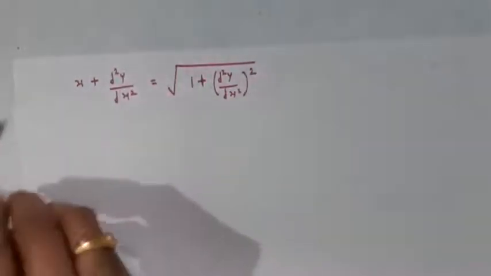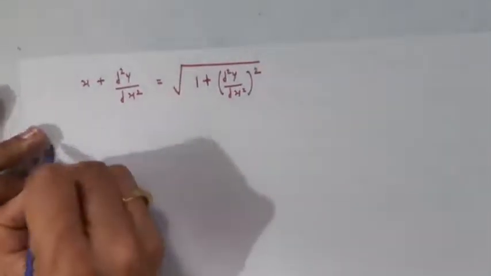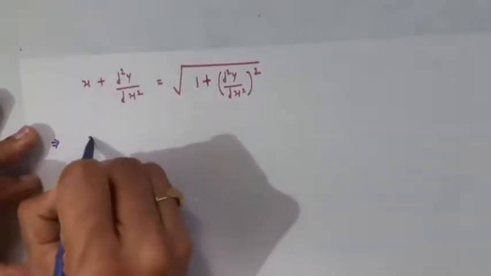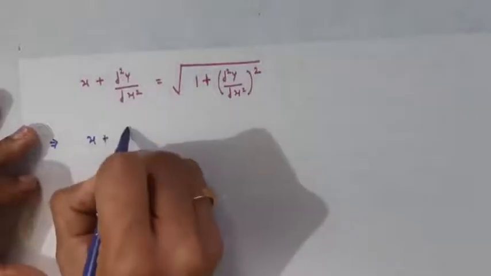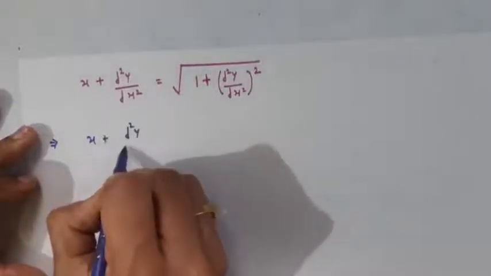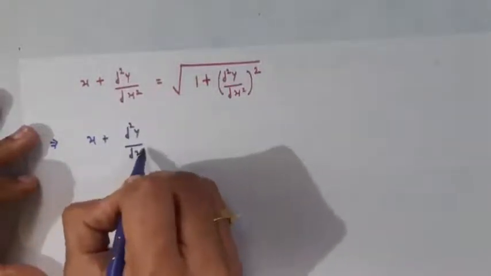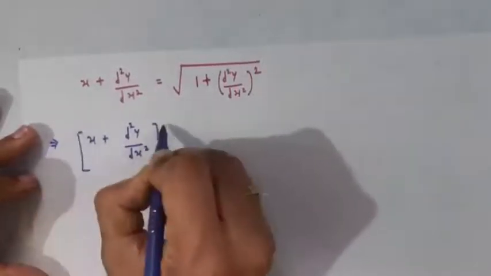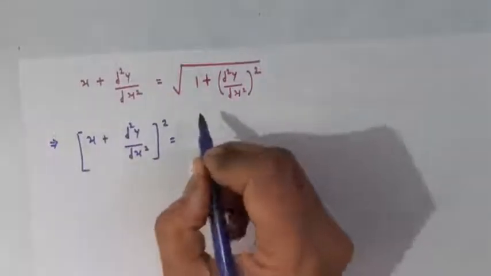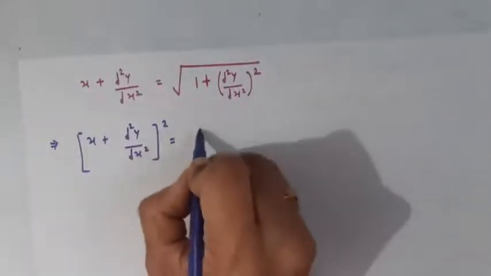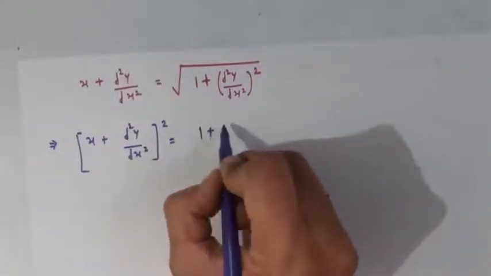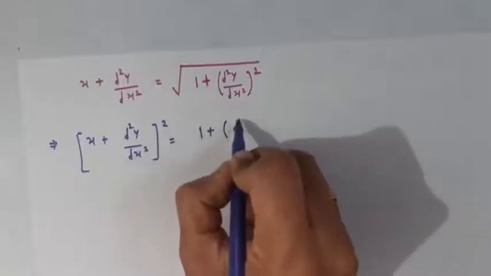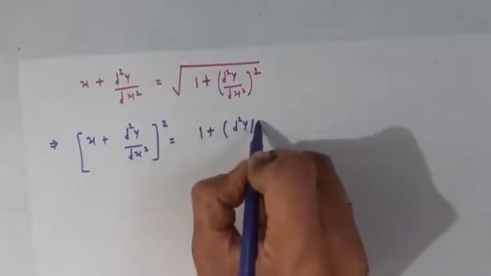Now squaring on both sides, we get x plus d2y upon dx square, whole square, equal to 1 plus d2y upon dx square, whole square, as the square root and square get cancelled.